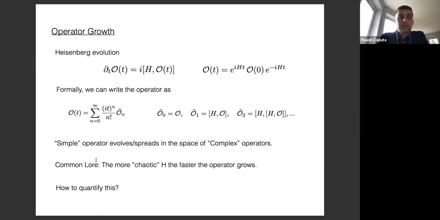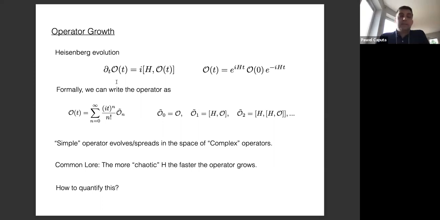And actually, a common law or some kind of intuition is that the more chaotic, in some sense, the Hamiltonian is, the faster the operator will grow. So if the Hamiltonian, for example, of a spin chain is supported on several sites, then this initial Pauli matrix will, with time, become a very complicated operator.